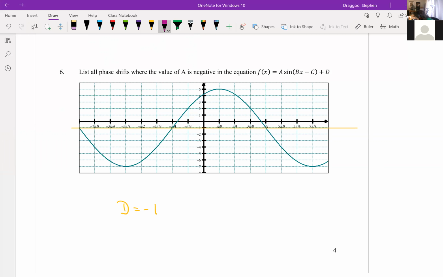And we're looking at negative A values for sine, which means at that point and that point. This point out here is at negative pi, and this one's at pi over 2. So negative pi and pi over 2.